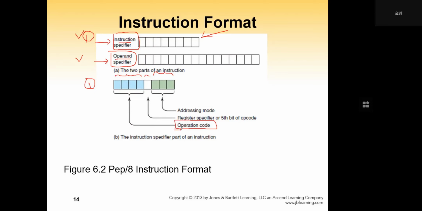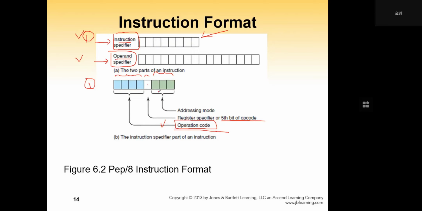The operation code specifies which instruction you are now operating. And then this 1 bit we call the register specifier, or the 5th bit of the operation code. For most operation codes we only need 4 bits, but for some specific ones it may need a 5th bit.